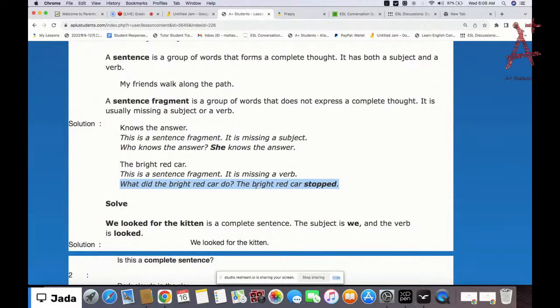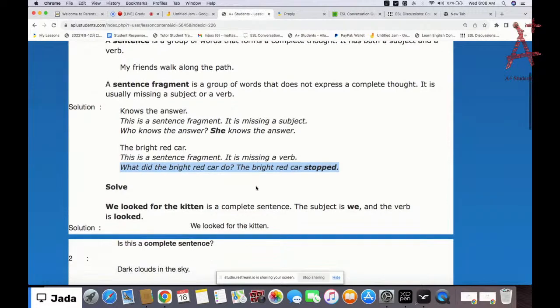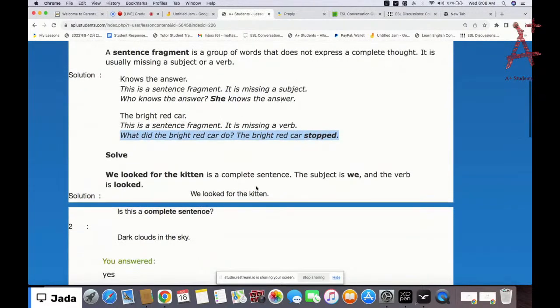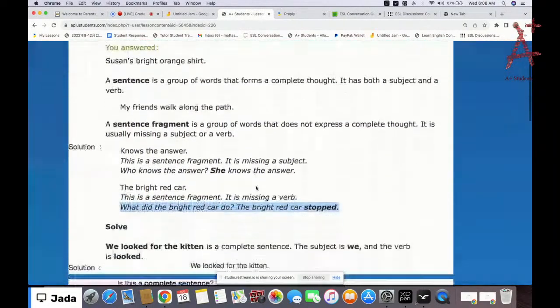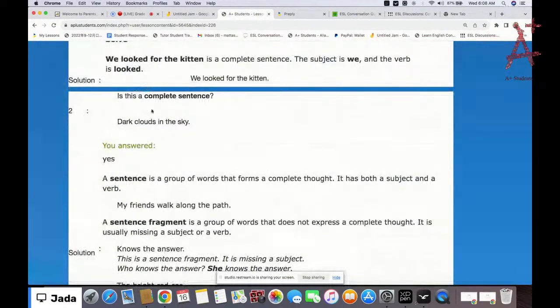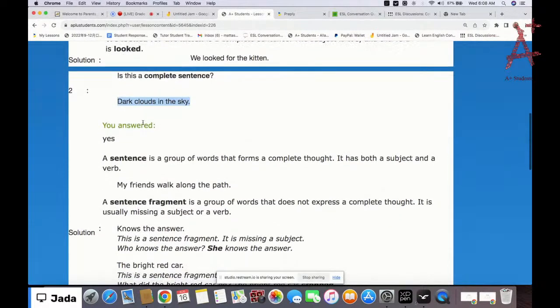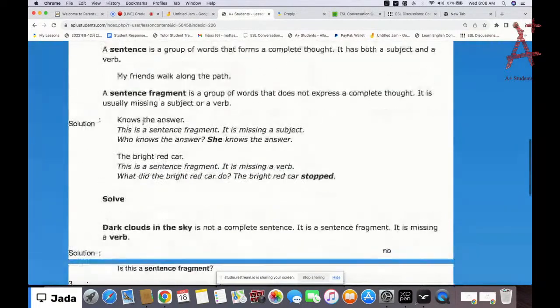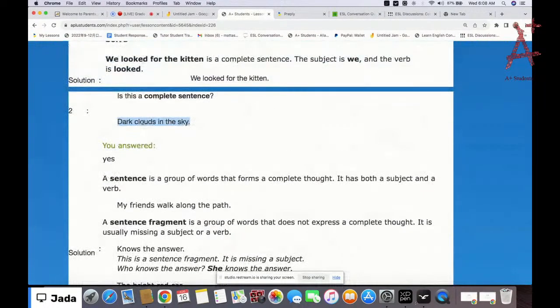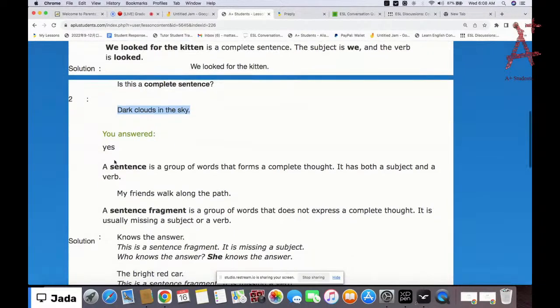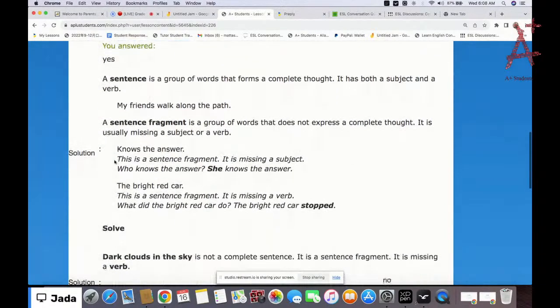Okay? All right, so let's move on. We have some examples. Is this a complete sentence? Dark clouds in the sky. If you click on dark clouds in the sky as a complete sentence, it is wrong, because what happened to it?